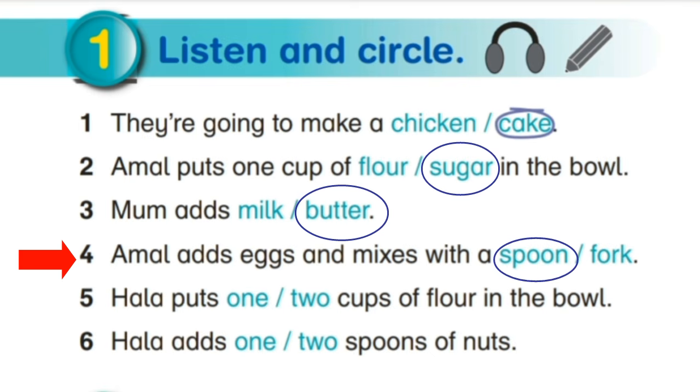Okay. Hala, put 2 cups of flour in the bowl. Good girls. Now add 2 spoons of nuts, Hala. Done. Can I mix it? Yes. That's good.